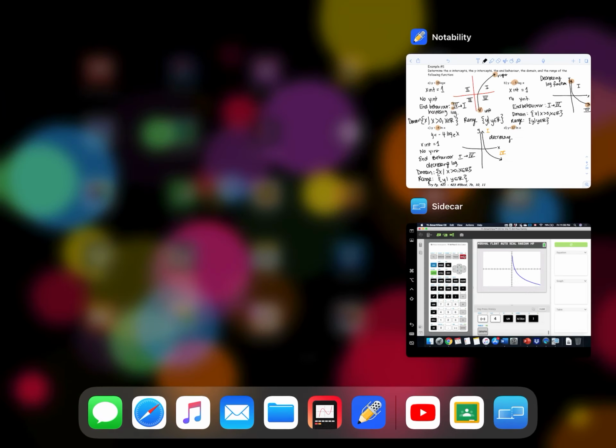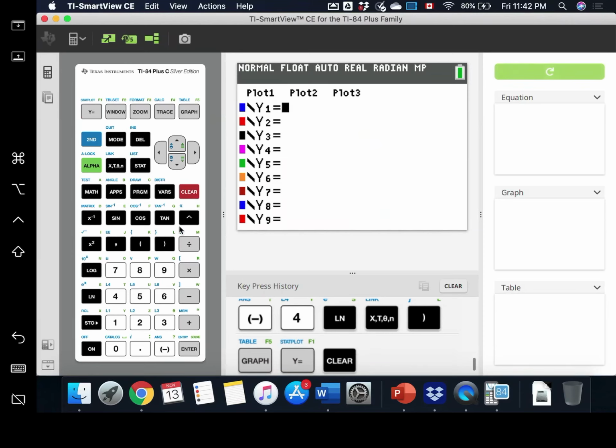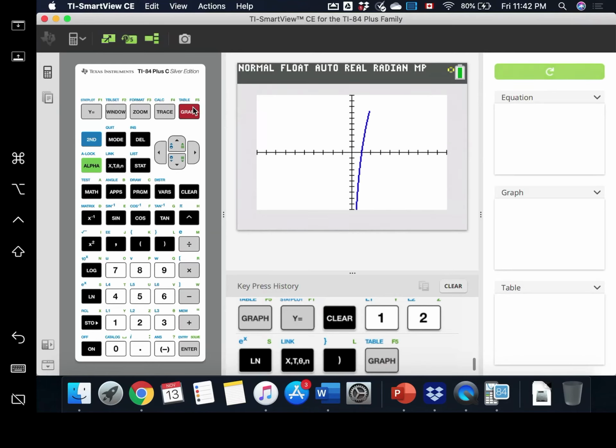So I'm going to put 12 ln of x in my calculator. So go to y equals, clear, 12 ln of x. And you're going to graph that.